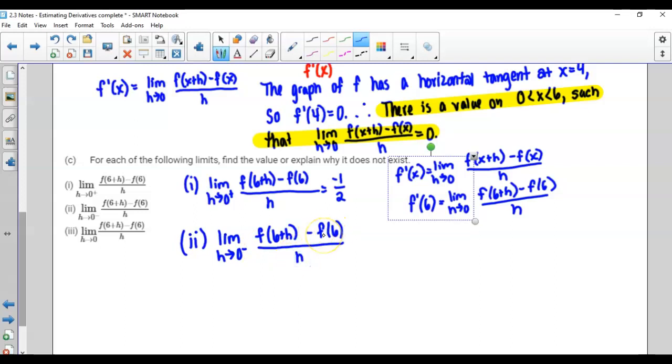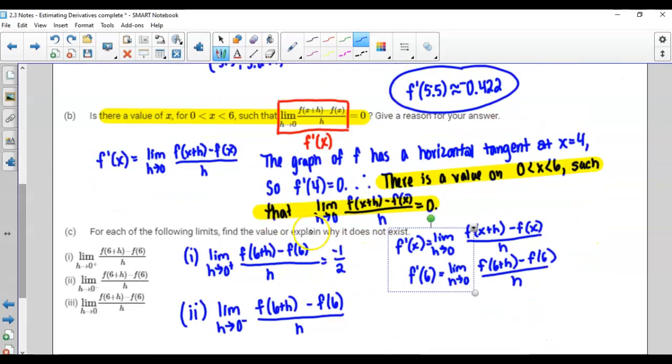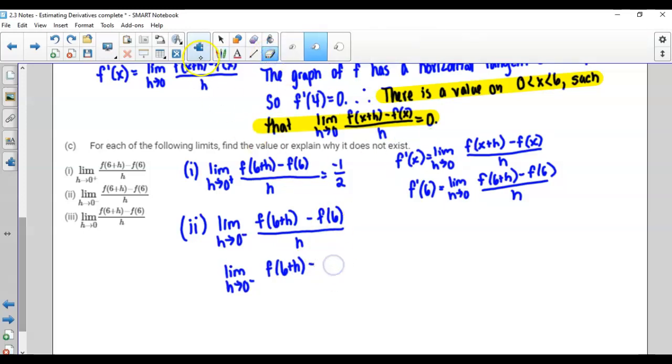Now, f of 6 is a value. We know f of 6. F of 6 in our graph is 1. So f of 6 is 1. So we've really got the limit as h approaches 0 from the left of f of 6 plus h minus f of 6, which is 1, all over h.